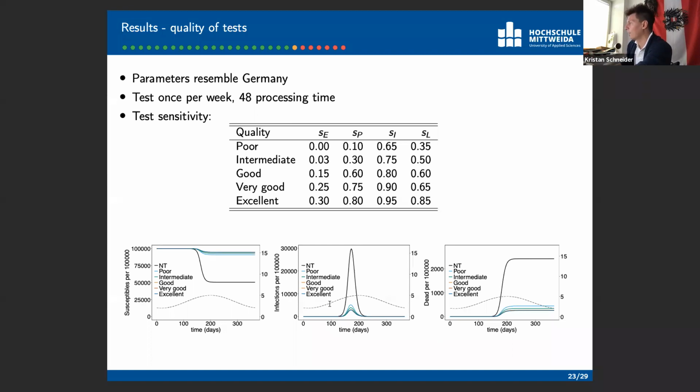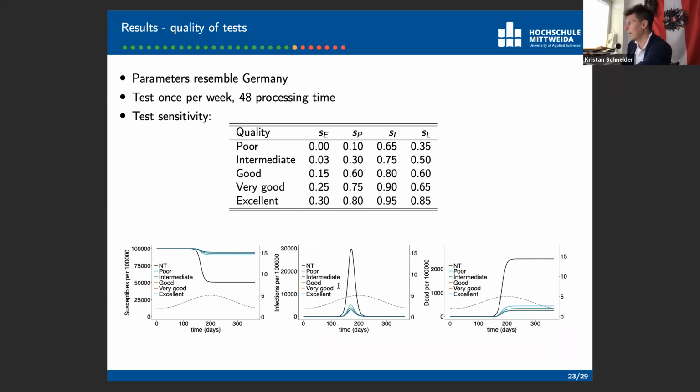What you see here in dashed is the seasonal fluctuation in R0. The black curve would be no testing intervention, so that would be the epidemic peak. And in color are the numbers for the different tests.